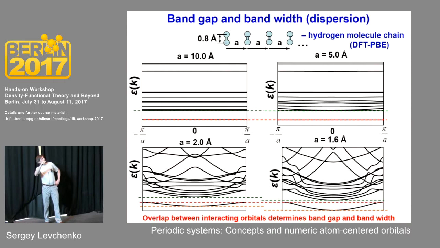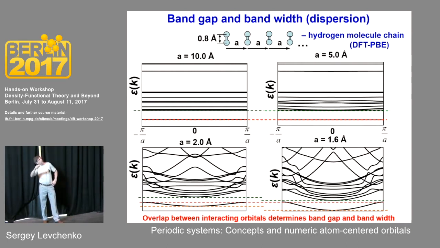If the unit cell size is 10 angstrom, the band structure will look like this, which means that there is no dispersion, right? It's clear to understand from what I said before. The orbitals on one molecule do not overlap with the orbitals on the other, and therefore, no matter in which phase I combine them, nothing changes. So there is no dispersion.